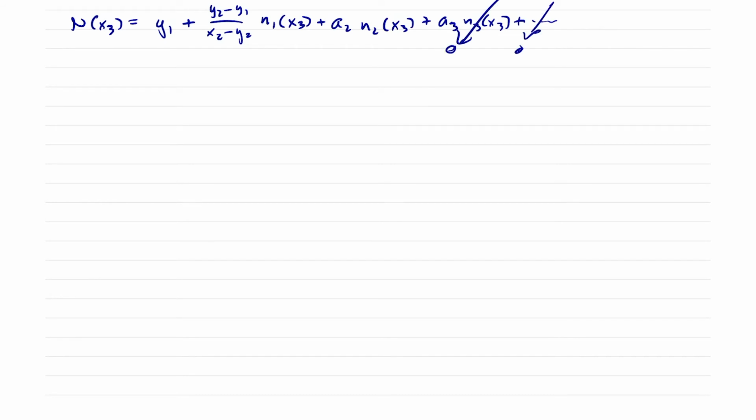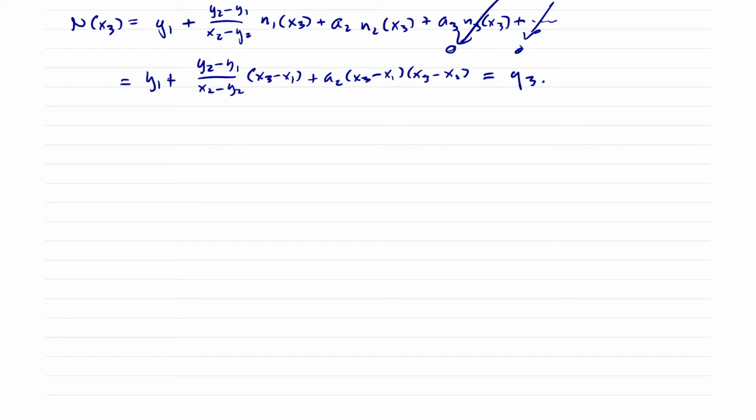So what does that leave me? It leaves me with y1 plus y2 minus y1 over x2 minus x1. We can put in x3, it's going to be x3 minus x1 for this term, plus a2 times x3 minus x1 times x3 minus x2, and all the other terms are 0, and this should be equal to y3, just by the interpolation property.